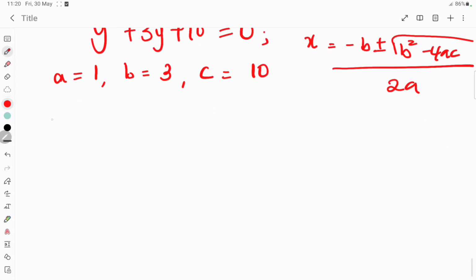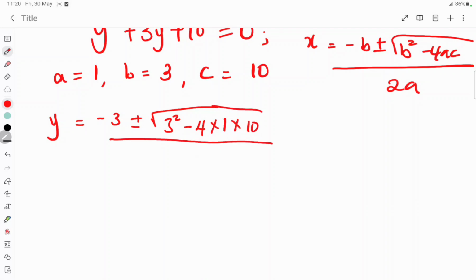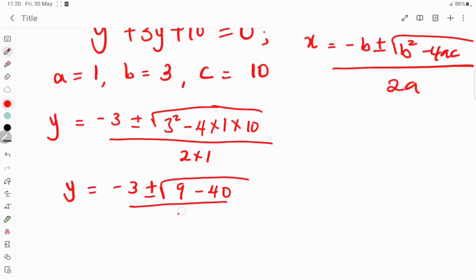On having this, you can now see that our y, which is the solution we are solving for, is minus 3 plus or minus the square root of 3 squared minus 4 times our A is 1 and our C is 10, divided by 2 times 1. And that's y equals minus 3 plus or minus the square root of 9 minus 40, divided by 2.